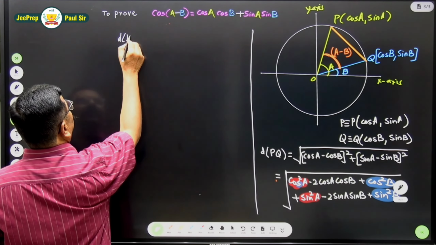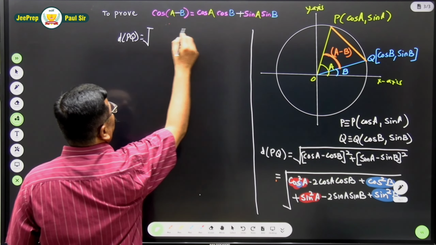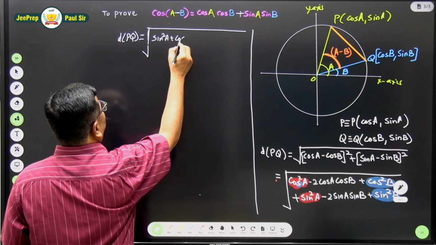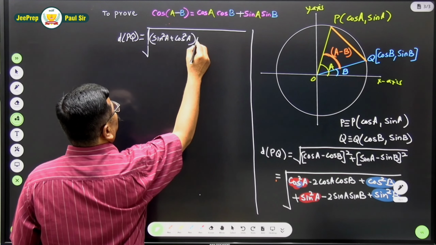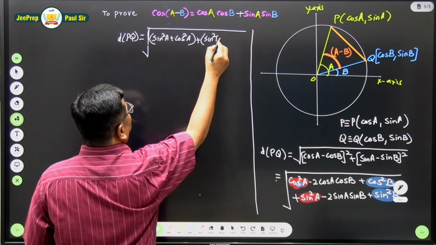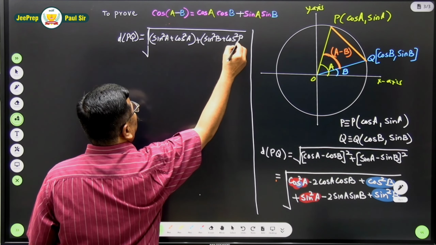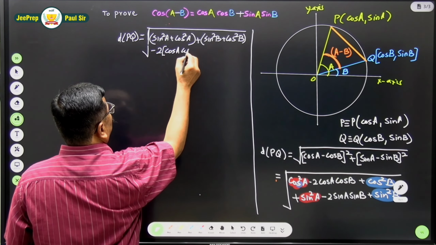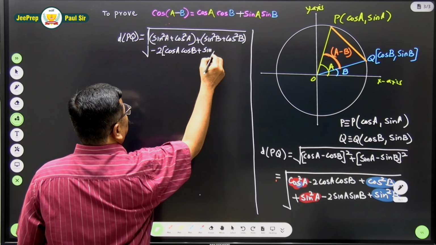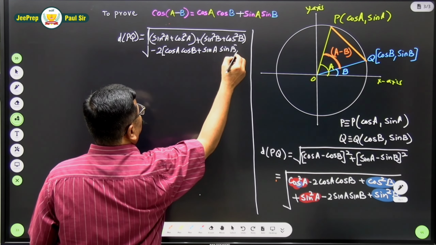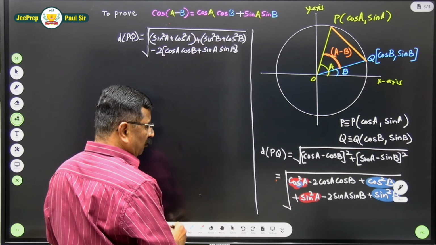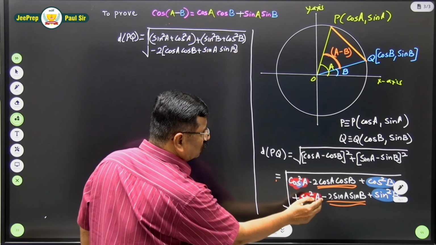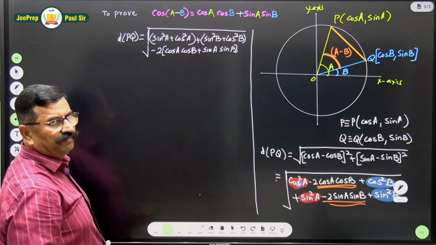So distance PQ is equal to under root sin square A plus cos square A plus sin square B plus cos square B minus 2 times cos A cos B plus sin A sin B. I have taken minus 2 common from these two terms, and I get this third term.